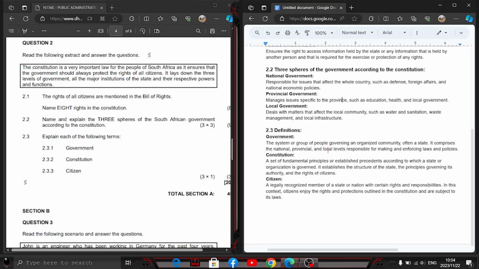You understand? And then we have the next term, which is constitution. Now, a constitution is a set of fundamental principles or established precedents according to which a state or organization is governed. It establishes the structure of the state, the principles governing its authority, and the rights of citizens. You understand?